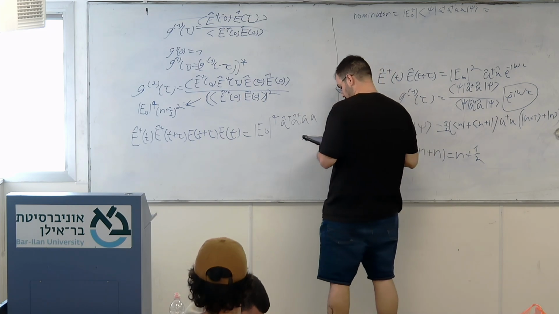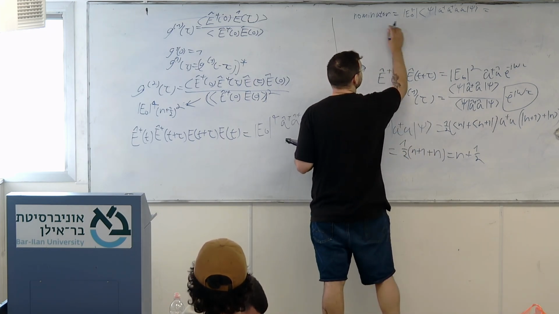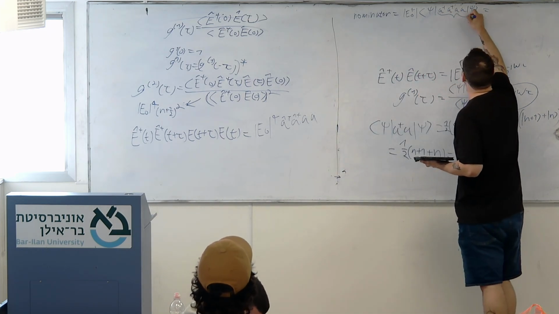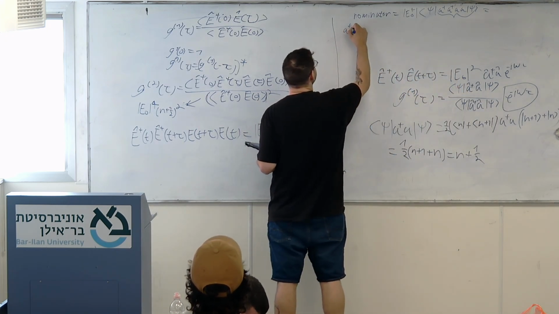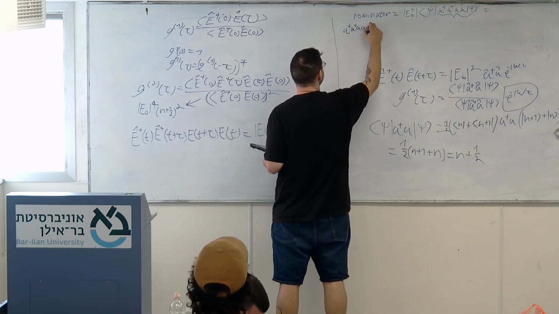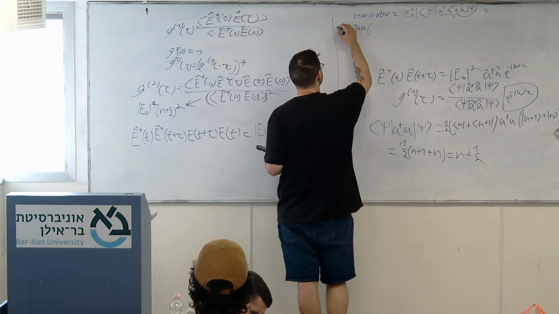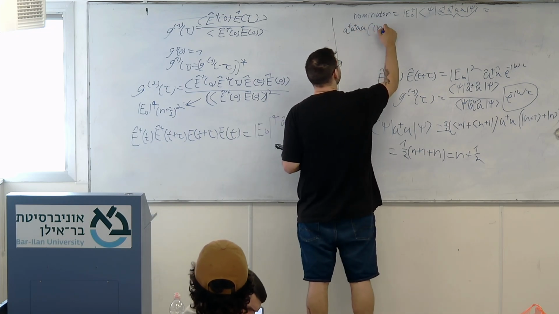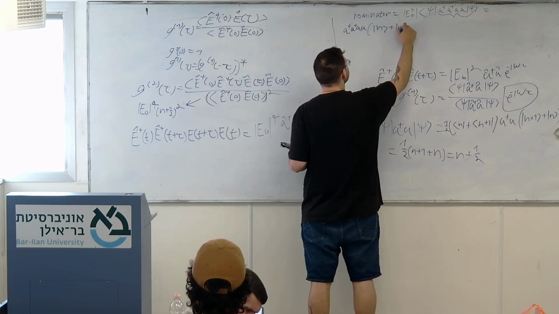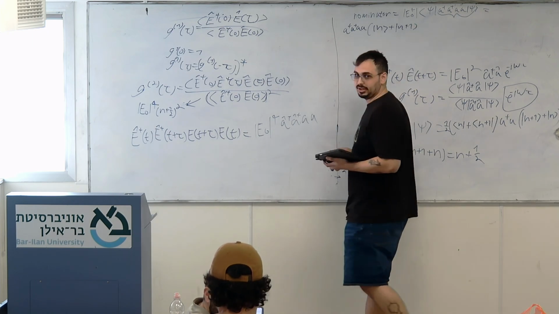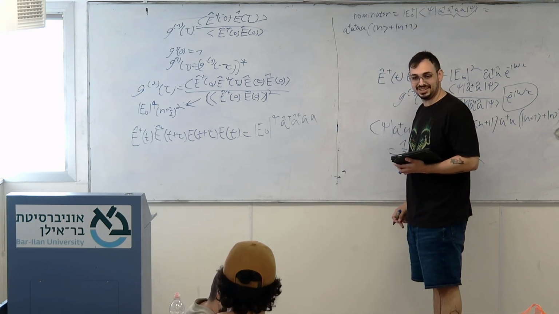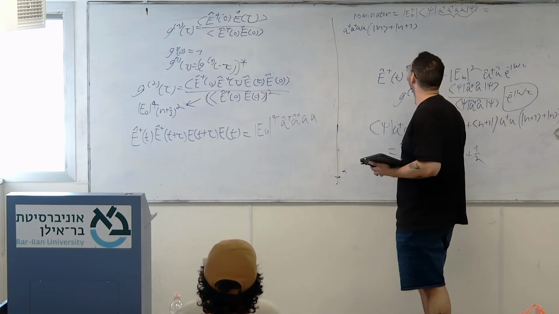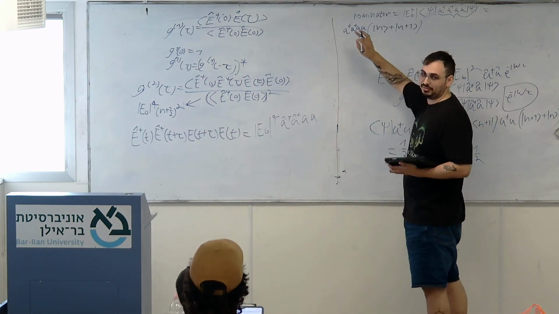Which would be equal to, let's just take this part, this part will be easier. A dagger A psi, I'm just going to replace it with n plus 1. We will remember the 1/2 later.